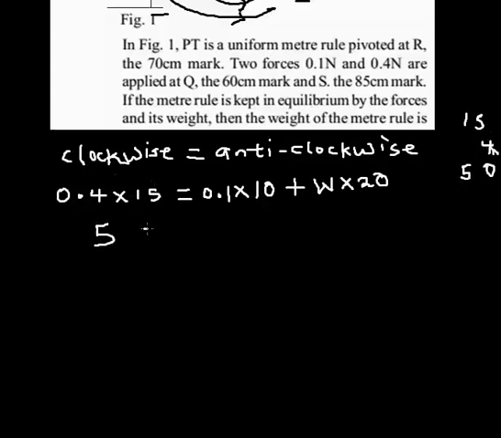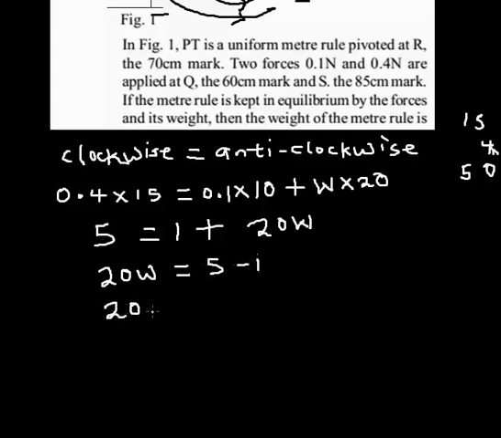You can use a calculator to confirm that 0.1 multiplied by 10 is 1. Then plus 20W. Making 20W the subject, I'm going to have 5 minus 1, so 20W is going to be equal to 4.